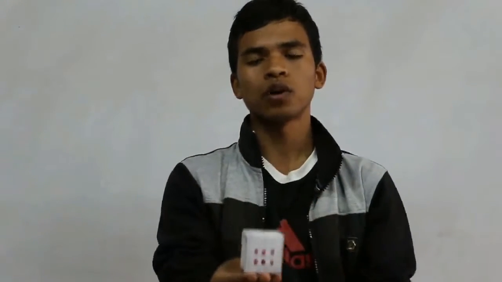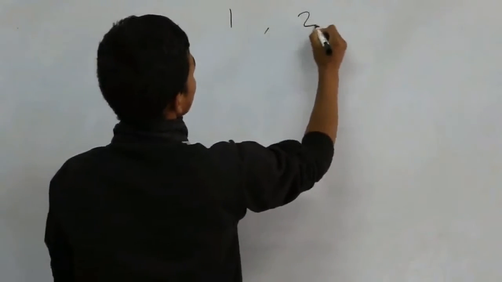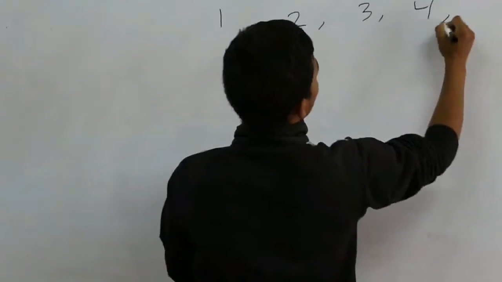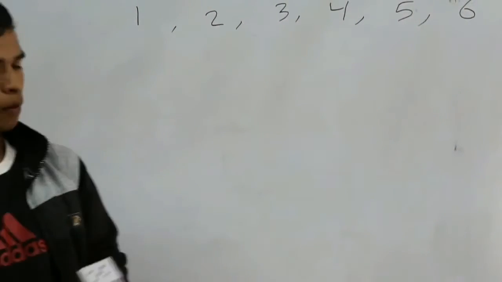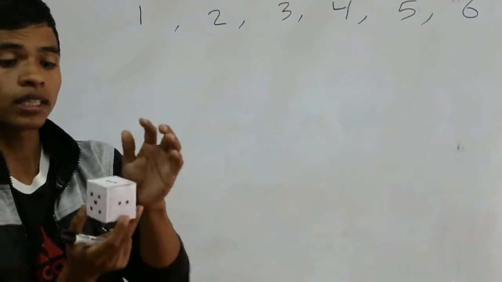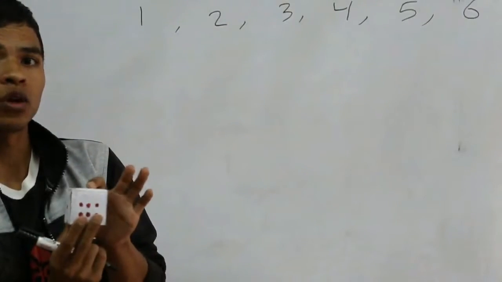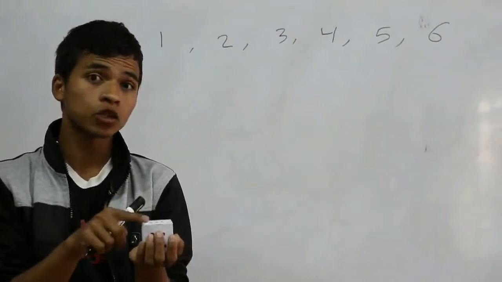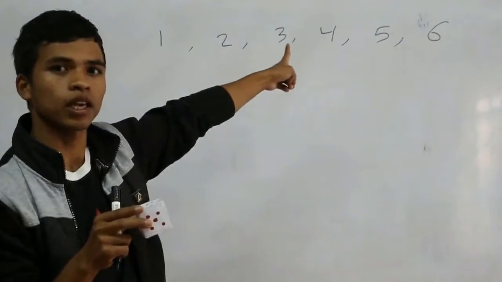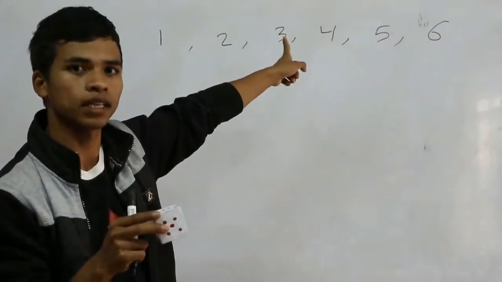Suppose if you throw a die up like that, then the top face will either show 1, 2, 3, 4, 5 or 6. See? It has only 6 faces. So if you toss this up like this, then the top face will show only these numbers, right? It will not show any other than these.